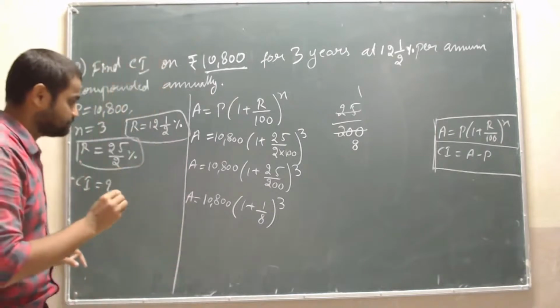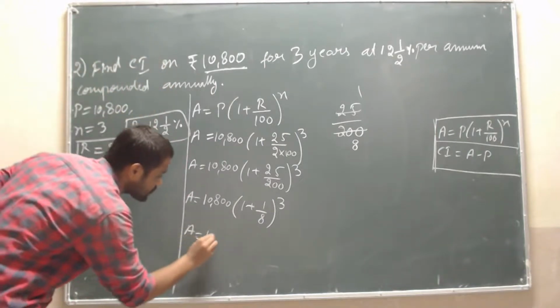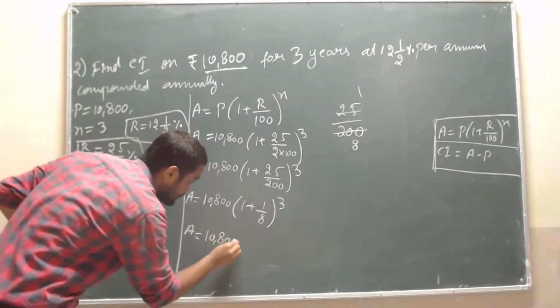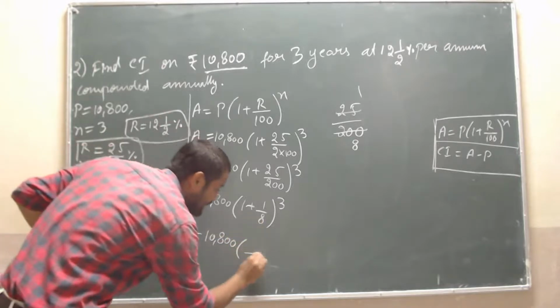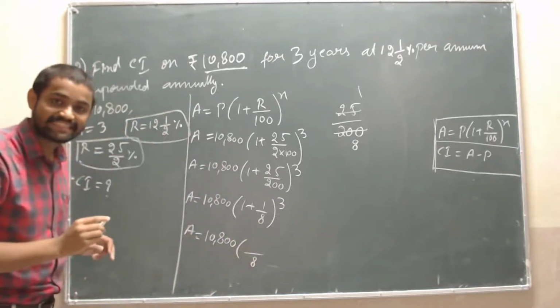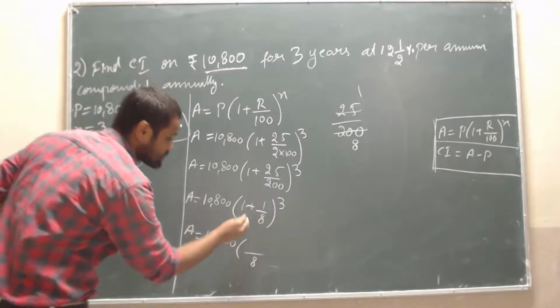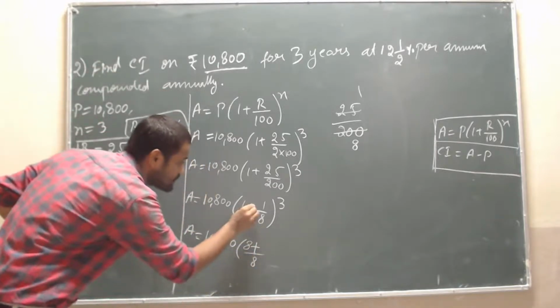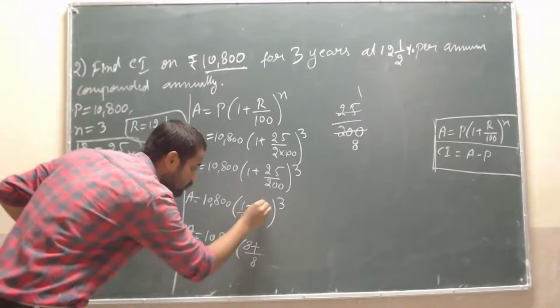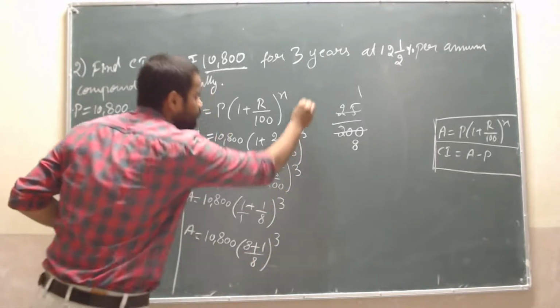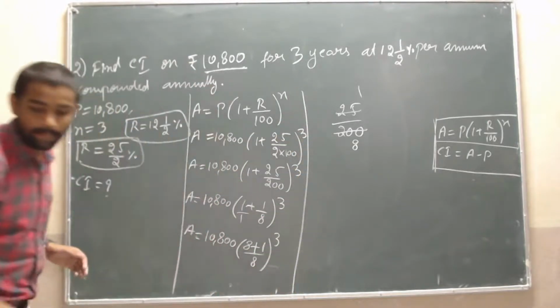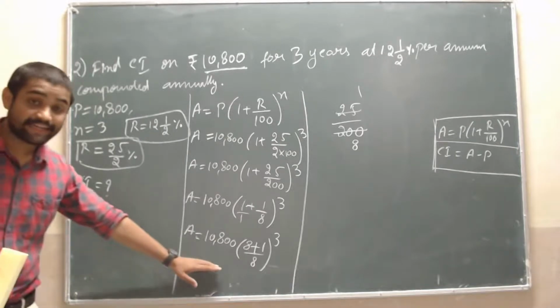Then again amount is equal to 10,800. See, again I will take LCM here. What it becomes? 8 ones are 8 plus 1 is there, 1 ones are 1 whole cube. Up to here clear?